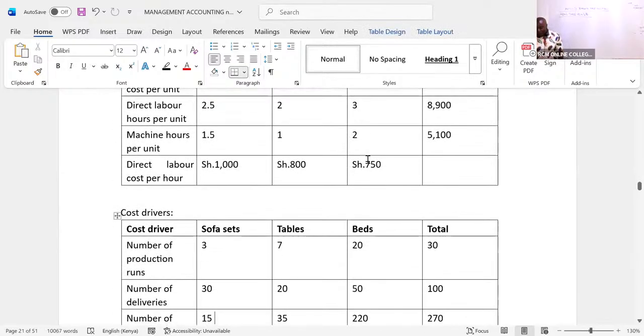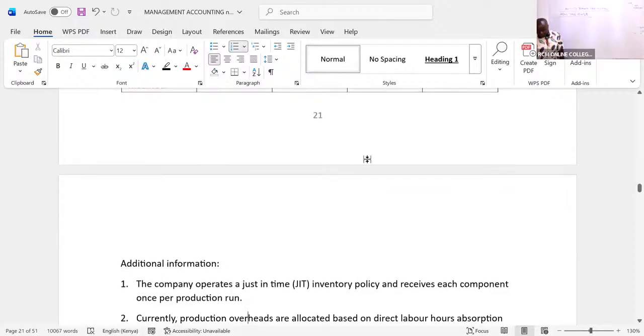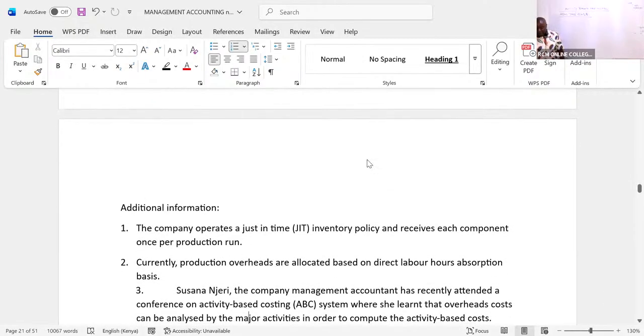Then they have given me cost drivers. When I see the word cost drivers, I know they're going to test me on issues to do with activity-based costing. Additional information: the company operates a just-in-time system, a JIT inventory policy, and receives each component once per production run.